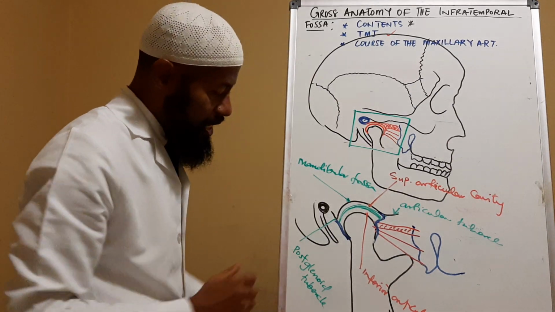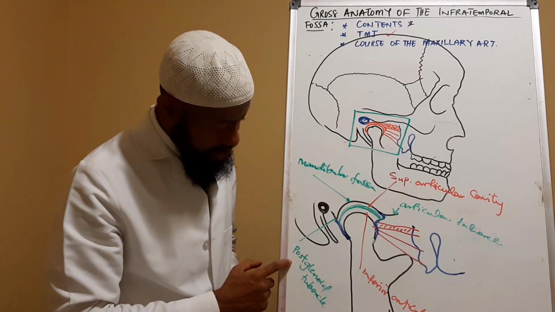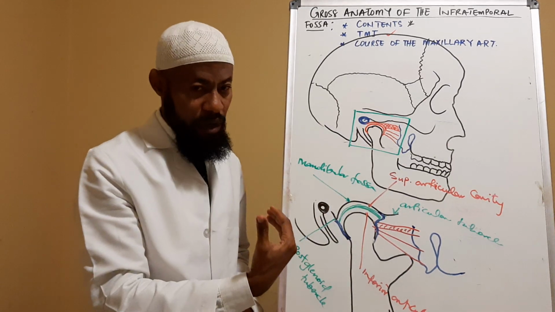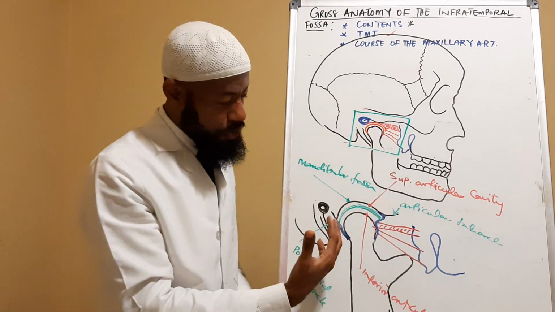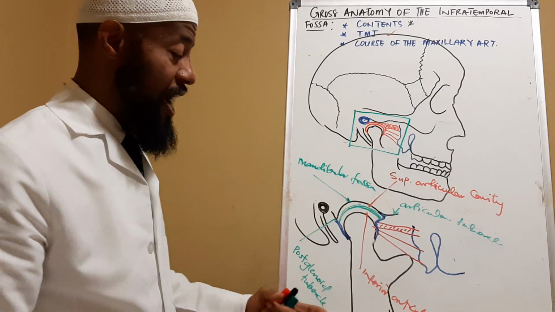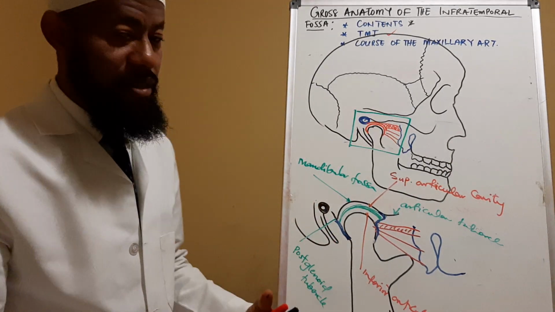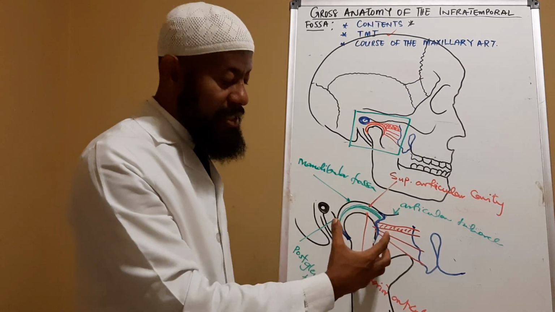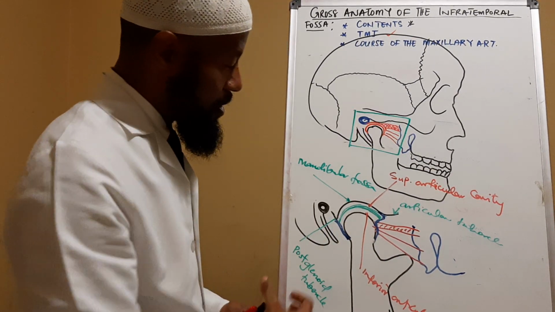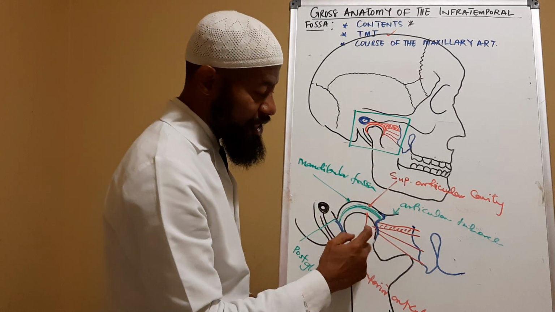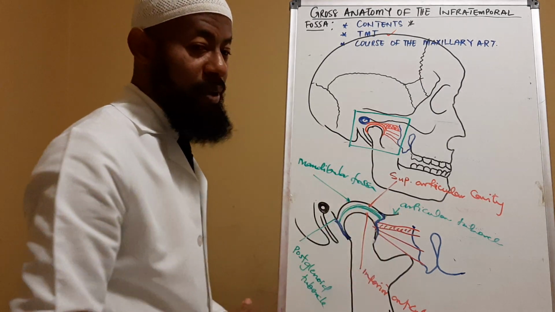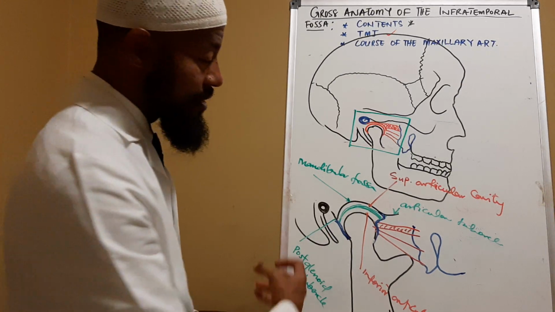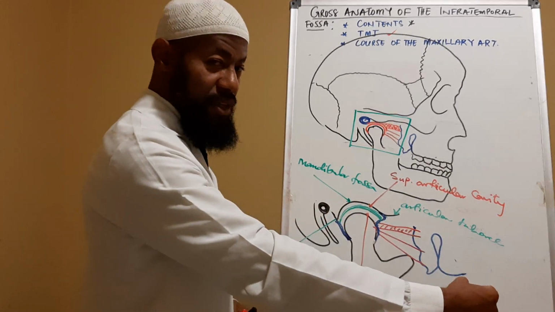Now the posterior or postglenoid tubercle prevents a posterior dislocation. Usually, the dislocation you would have in this joint is an anterior dislocation, because the lateral pterygoid muscle is attached to the anterior aspect of the head of the mandible, so it pulls it anteriorly.